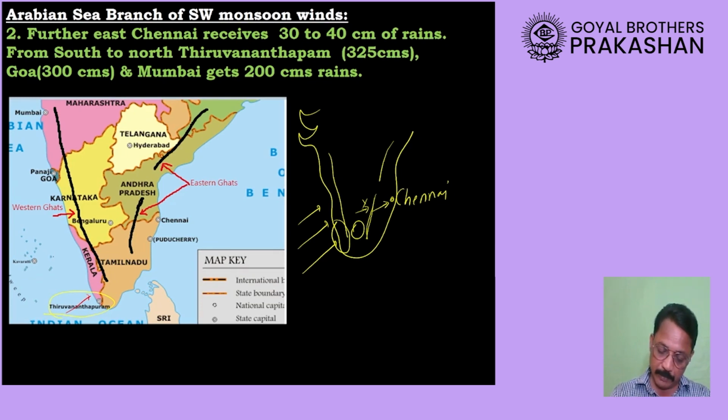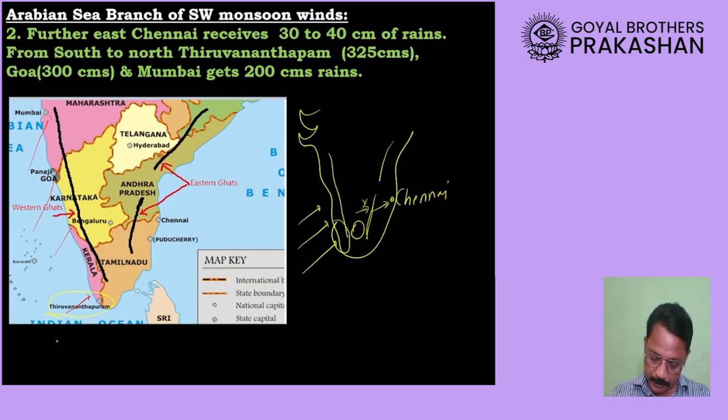When it goes further, the rainfall will go on decreasing, and by the time it reaches Mumbai, the rainfall will be around 200 centimeter. So we realize one important thing: as we are moving from south to north, the amount of rainfall will go on decreasing.